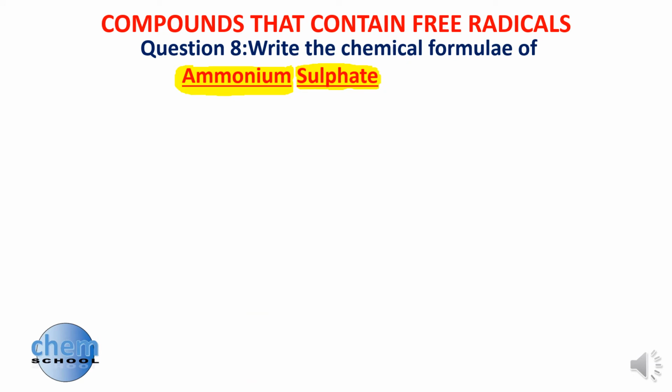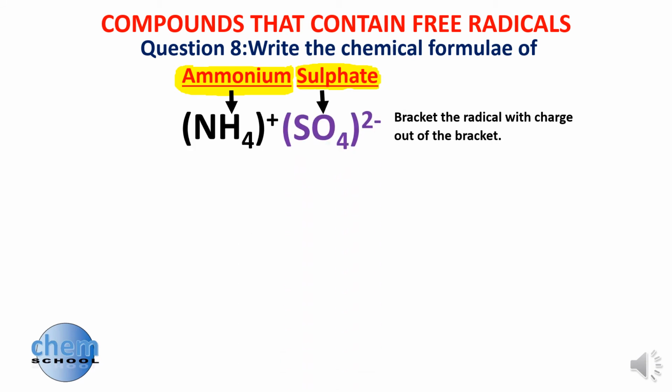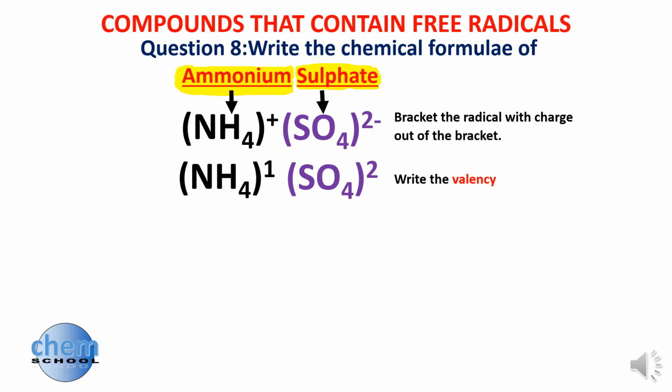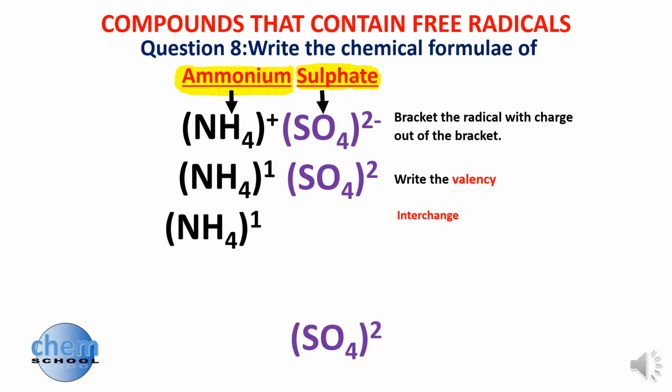In our fourth example, we find ammonium sulfate. Ammonium is a radical and sulfate is also a radical. Therefore, bracket each radical separately with charge out of the bracket as shown. And then go on to write the valencies, interchange.